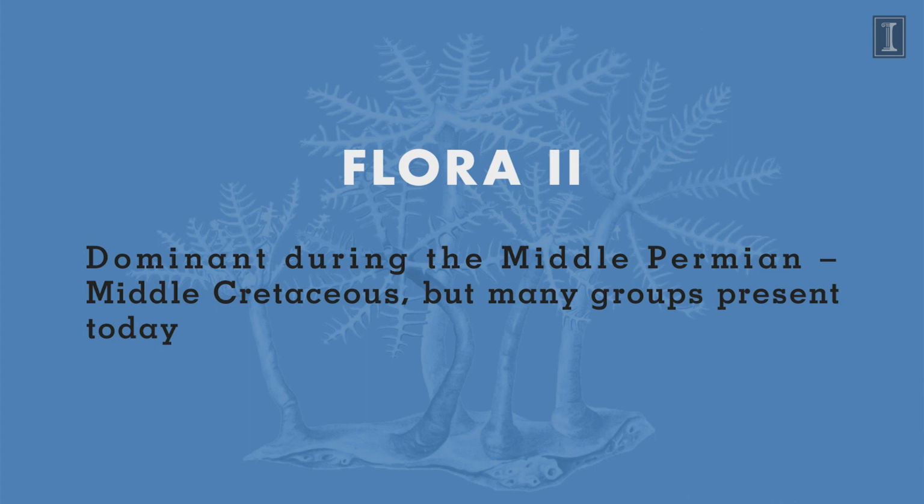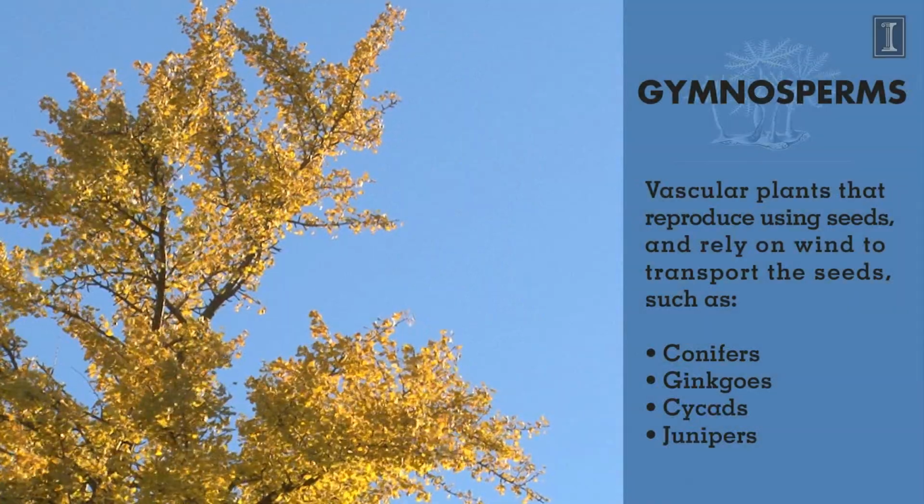The next stage in plant evolution is termed Flora 2, and this refers to the time period from the mid-Permian to the mid-Cretaceous, and the organisms that were successful during that time. We'll start with our gymnosperms. Gymnosperm refers to the idea of a naked seed, and they rely on wind to spread their pollen. Examples of gymnosperms are conifers, cycads, junipers, and ginkgos, a beautiful group.